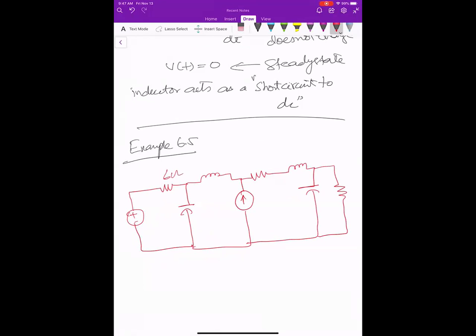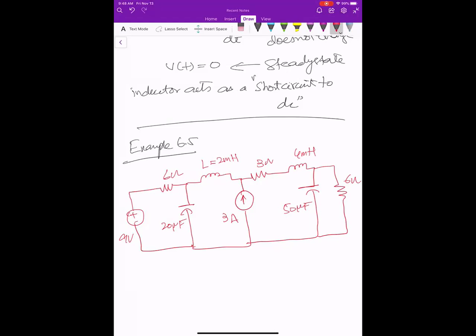Okay, 6 ohms, L is equal to 2 millihenry, 3 ampere, 20 microfarad, 3 ohms, 4 millihenry, 50 microfarad, 6 ohms, 9 volts. So we have to find the total energy stored in the circuit.